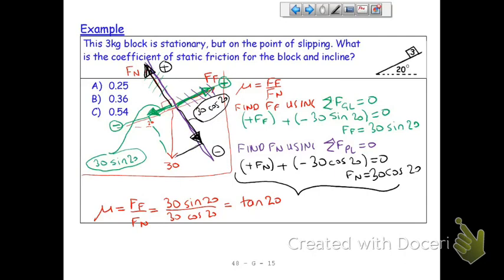Opposite over hypotenuse divided by adjacent over hypotenuse is opposite over adjacent, which is tangent. Check them in degrees. Go tan 20, which equals 0.3639, and again, no units.